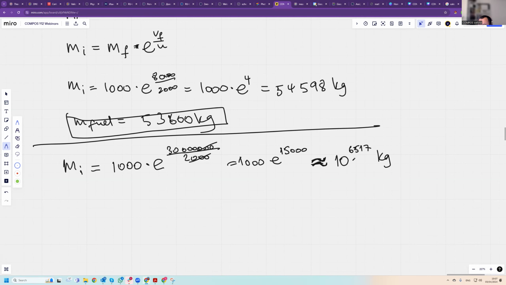So that's more than the mass of the universe. More than the mass of the universe.